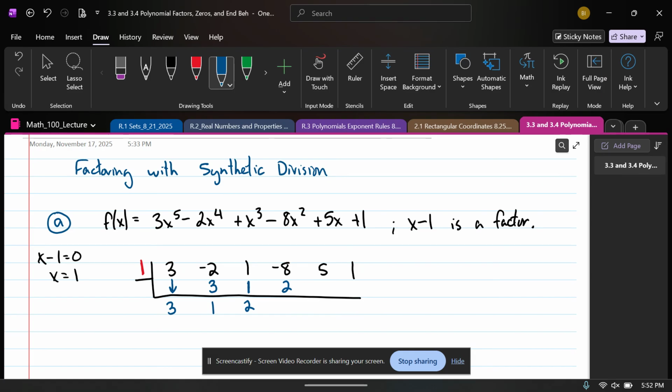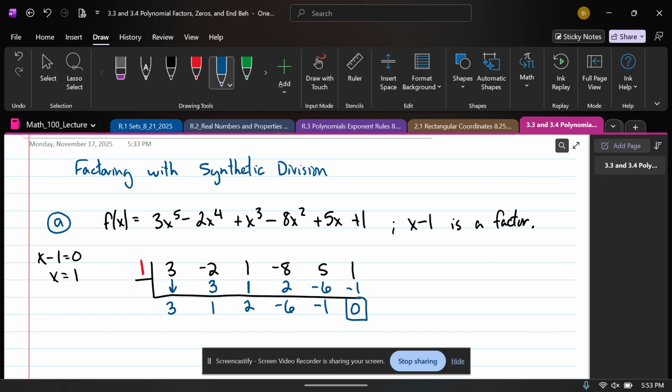So -8 plus positive 2 is -6. Then we multiply -6 times 1. That's -6. Then we add those two together. 5 plus -6 would be -1. -1 times 1 is -1. And then add those together. There's my 0 in that remainder spot.